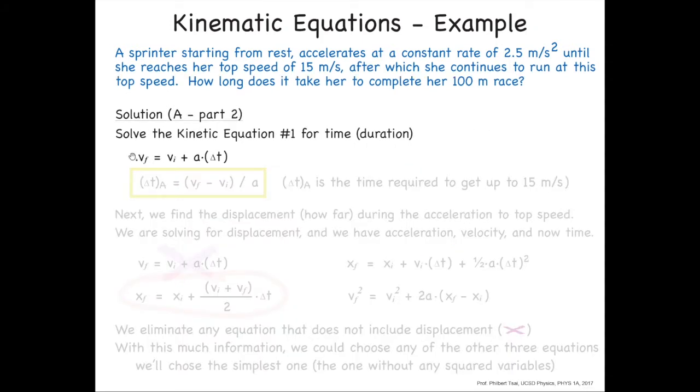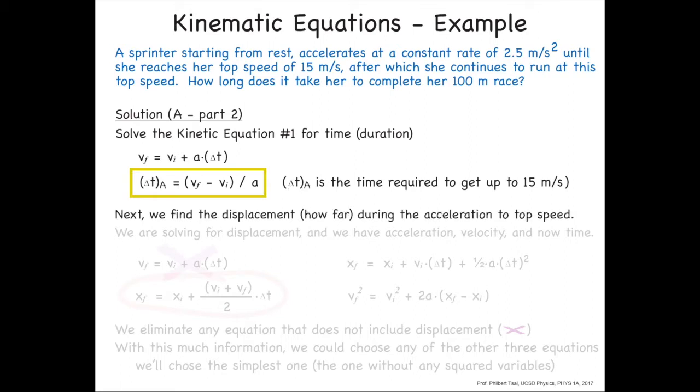Rewriting it so that we have the duration by itself, the duration for part A of this race, the part where she's getting up to top speed, is going to be V final minus V initial divided by a, where delta t A is the time required to get from rest up to the 15 meters per second of top speed. So we'll hold on to that equation.